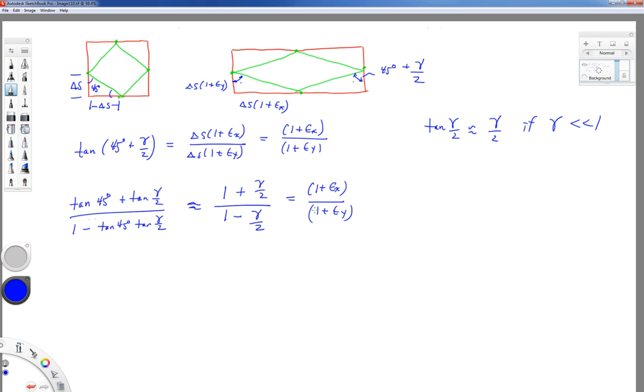On the right-hand side, let's get rid of this 2 on the bottom of the gamma term. We'll multiply the top and bottom by 2, and so we'll get 2 plus gamma divided by 2 minus gamma.